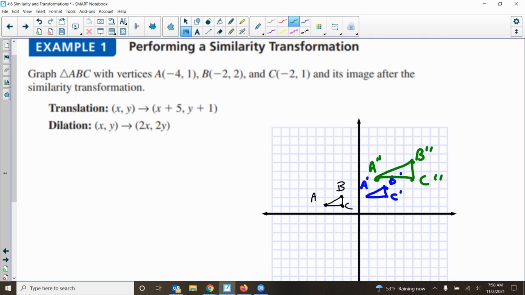Do you agree that the green triangle is not congruent to the black triangle? The dilation made sure of that. We multiplied each of the components by 2, thus lengthening everything by 2. And notice again the rays through A to A prime, through B prime to B double prime, through C prime to C double prime, but now they're just twice the distance away.